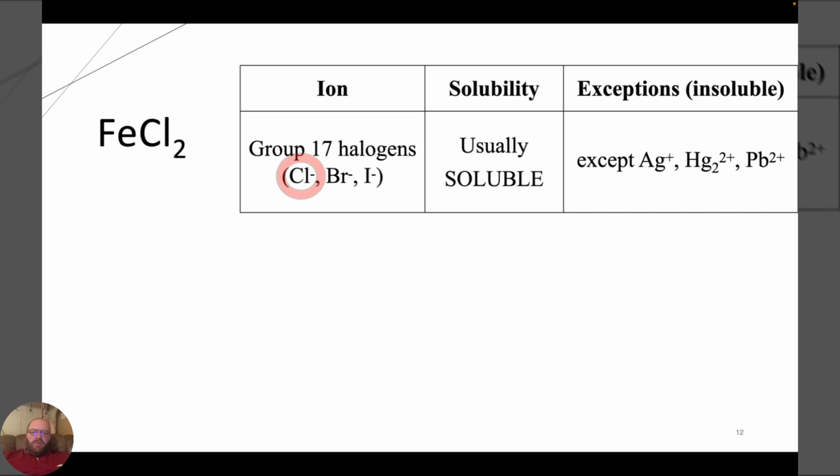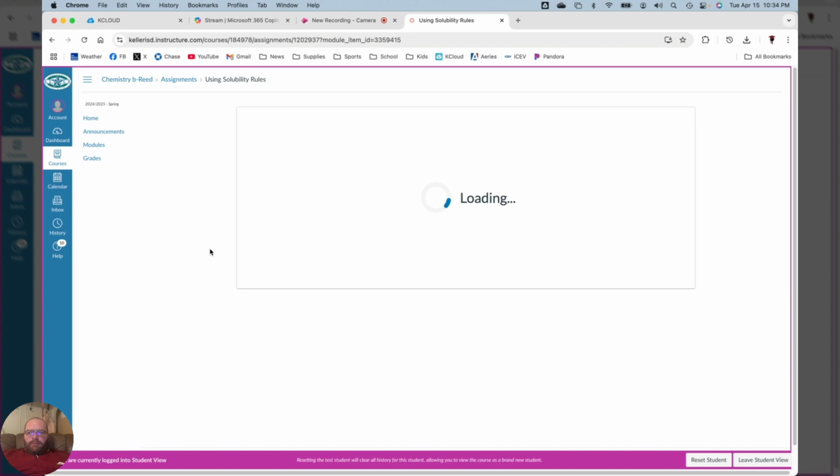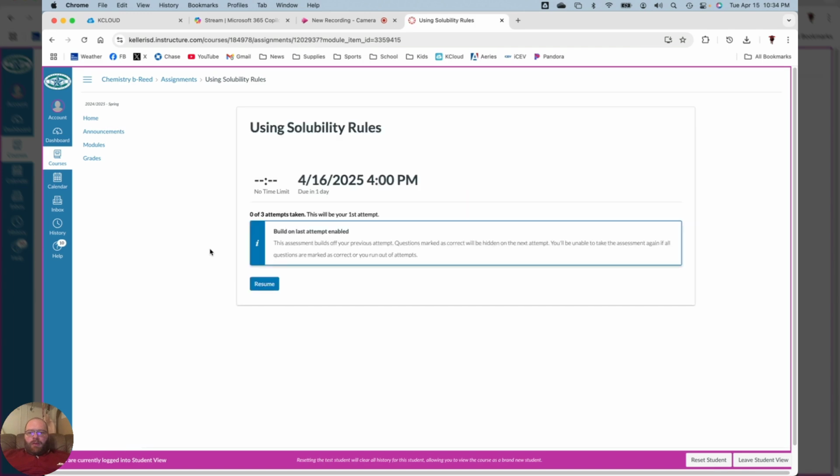This is the one we're going to be using today. Just like always, you get 3 attempts. They'll build on each other. I started this earlier, so I'm just going to pick up where I left off.